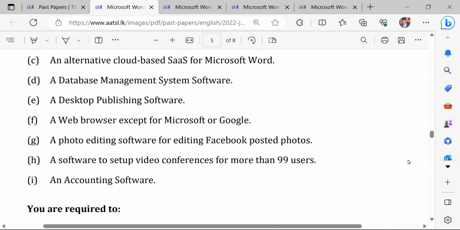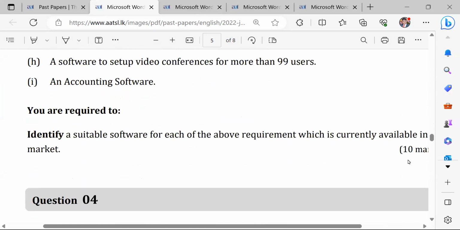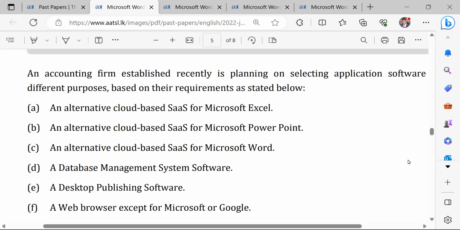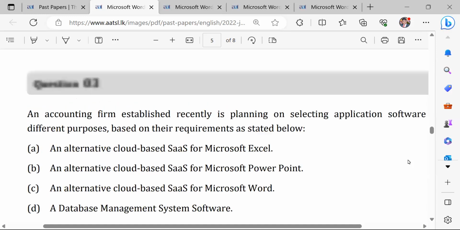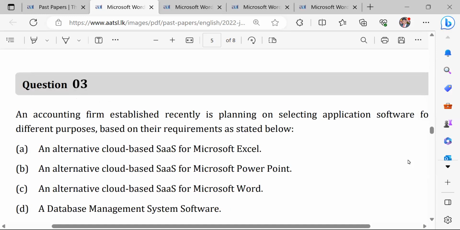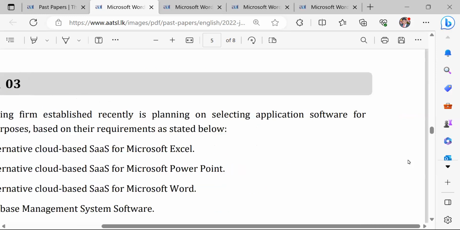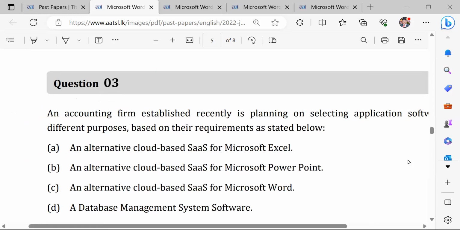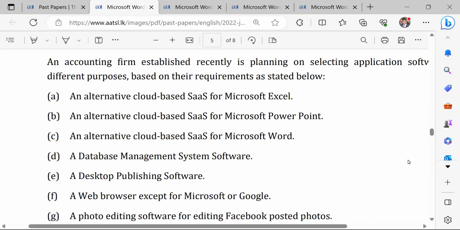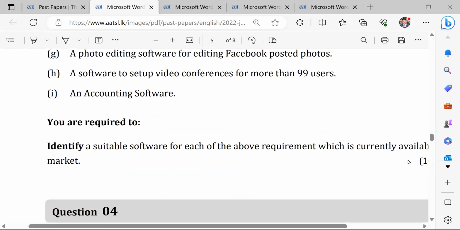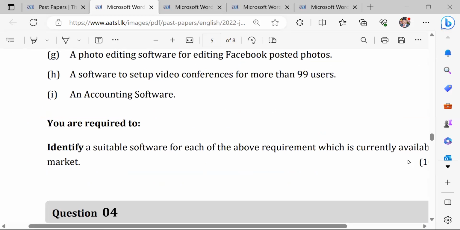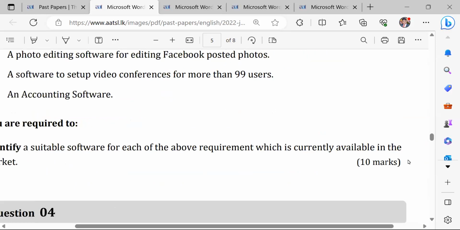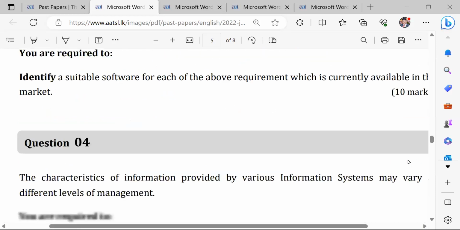The total is 10 marks, and you have to give 2 examples for each. And a firm established recently is planning to select application software based on their requirements as stated below. Identify suitable software for each of the above requirements currently available in the market. That's just a practical question.